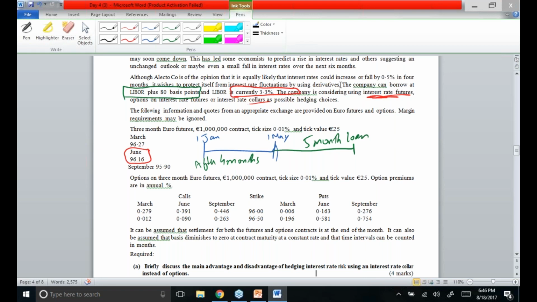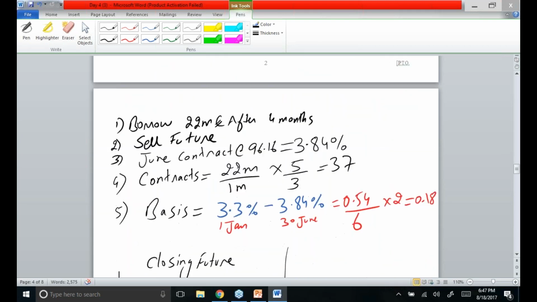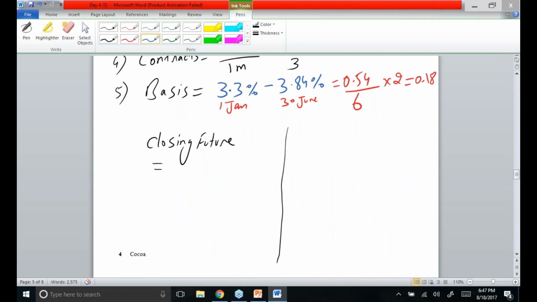So if we increase it by 0.5, it will be 3.8%. And if we reduce it by 0.5, it will be 2.8%. So closing spot is 2.8%, or closing spot is equal to 3.8%.